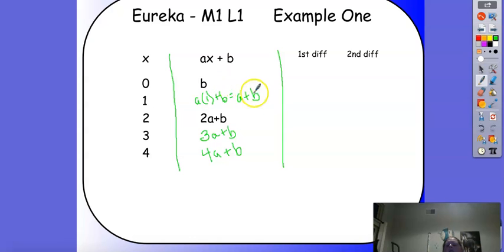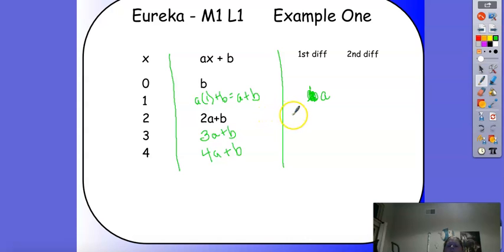So can you tell me what the difference is between B and A plus B? The difference is B, isn't it? No, it's not B. The difference is A. Right? A plus B minus B leaves me with A. Okay, what about 2A plus B minus A plus B?